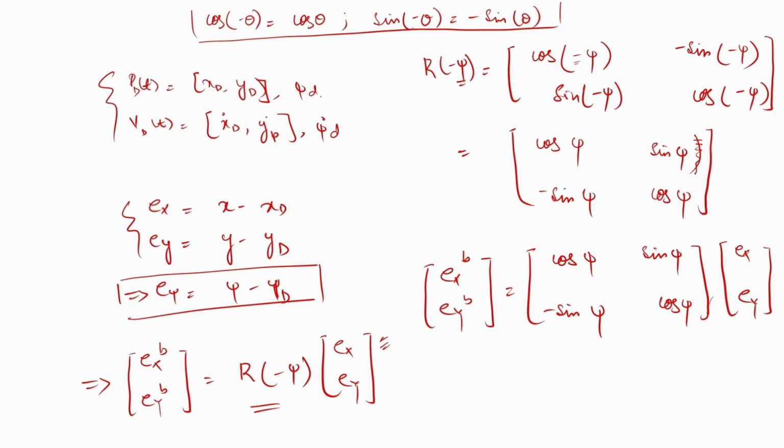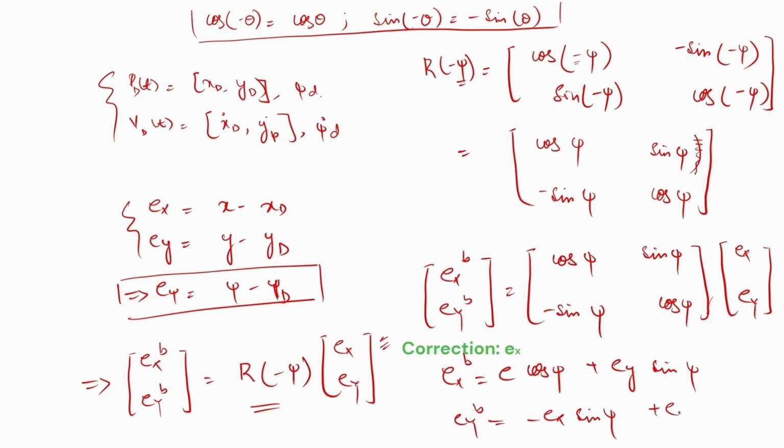So ex body becomes ex cos of psi plus ey sine of psi, and ey body becomes minus ex sine of psi plus ey cos of psi. So these are our tracking errors in the body frame.